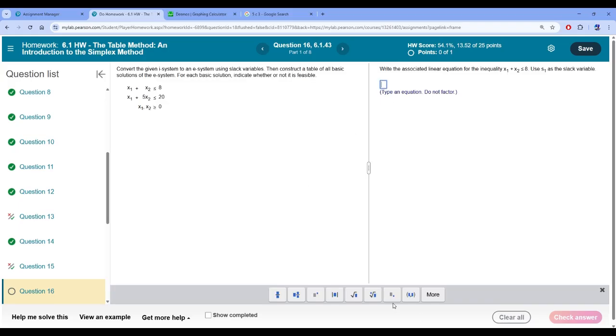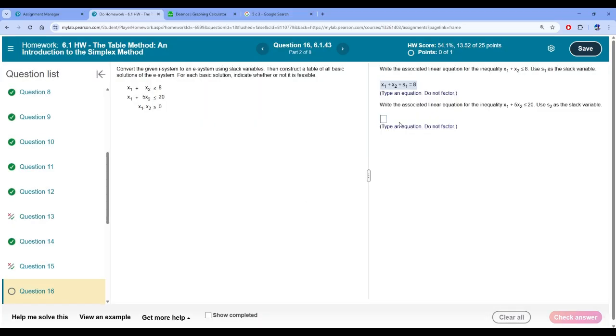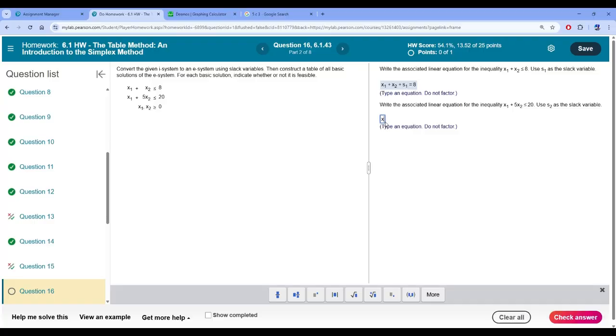So what is this? This is going to be x subscript 1 plus x subscript 2 plus s subscript 1 is equal to 8. My second one is going to be x subscript 1 plus 5x subscript 2 plus s subscript 2 equals 20.